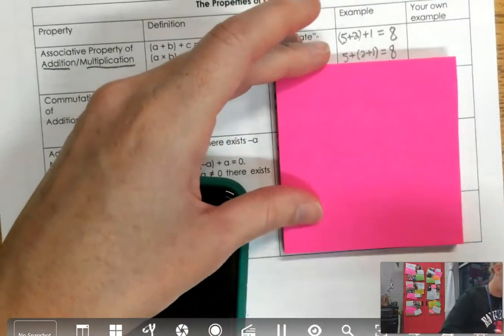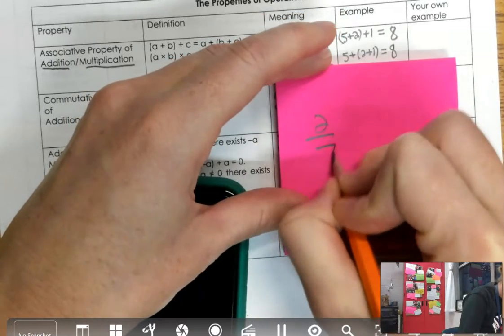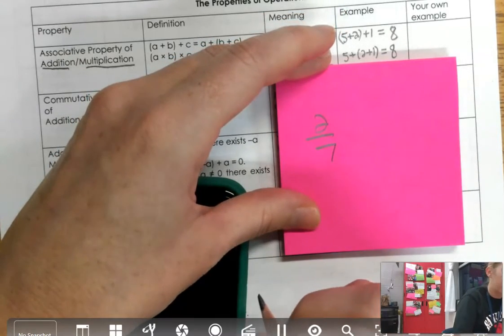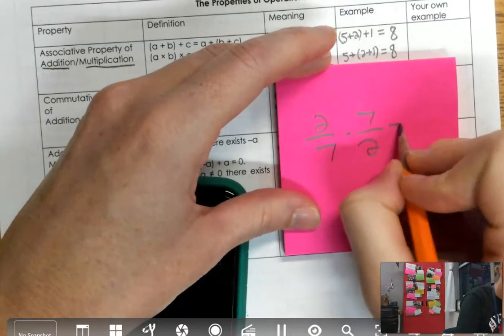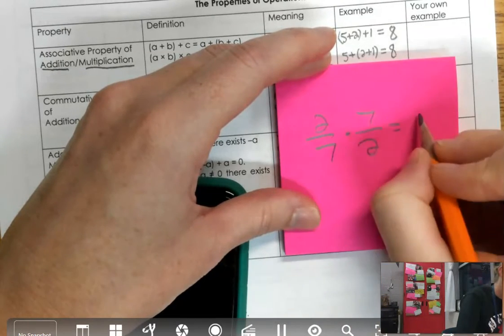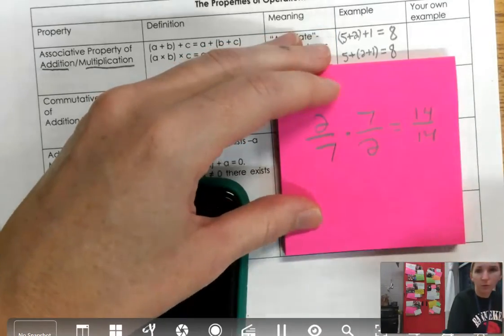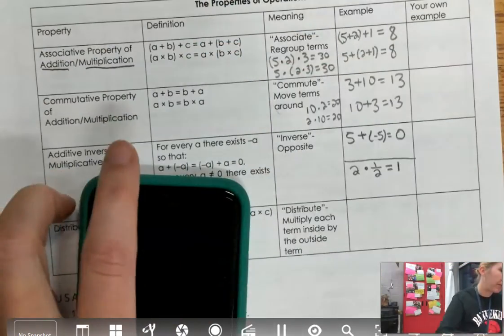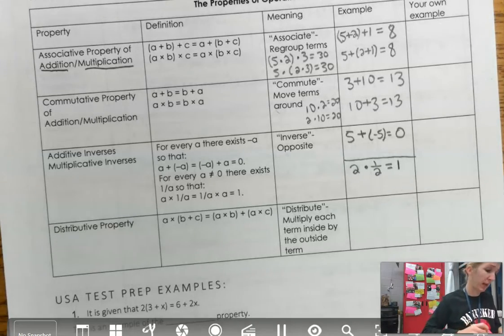So tell me, what is the multiplicative inverse of 2 over 7? All right, I hope you said 7 over 2. You just flip it. 2 times 7 is 14, and 7 times 2 is 14. 14 over 14 gives me 1. So go ahead and write your own example now for multiplicative inverse.